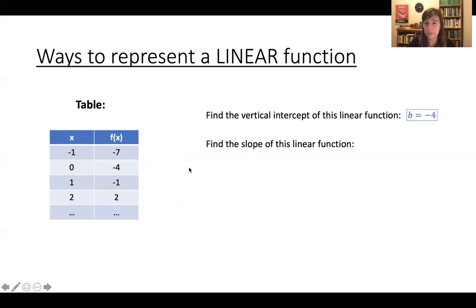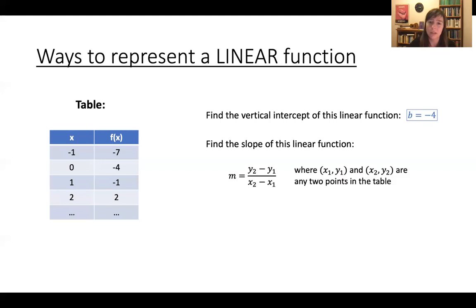Now let's find the slope of this linear function. And I know some of you have a shortcut in mind, but let's do it the long way first. By the long way, I mean let's use our definition of the slope that we used on the previous slide, where slope is y2 minus y1 over x2 minus x1, where (x1, y1) and (x2, y2) are now any 2 points on the table.